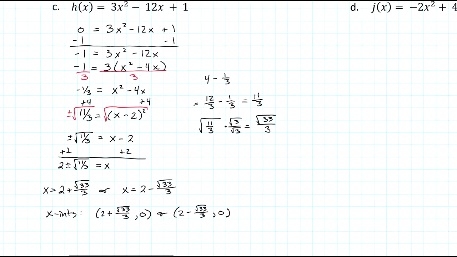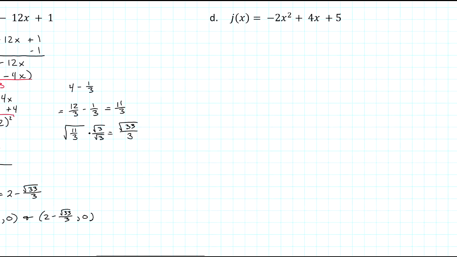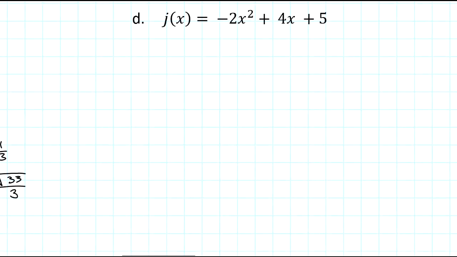Nice job, everyone. Part D, we have the function j of x equals... set the output to 0. 0 equals negative 2x squared plus 4x plus 5. Subtract the 5 over to the other side to get negative 5 equals negative 2x squared plus 4x.